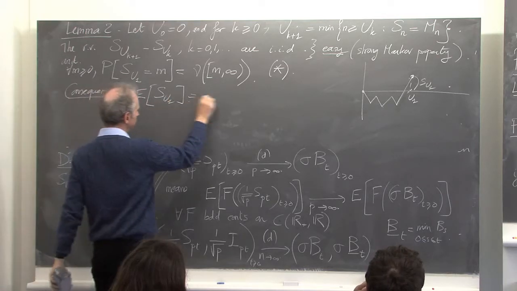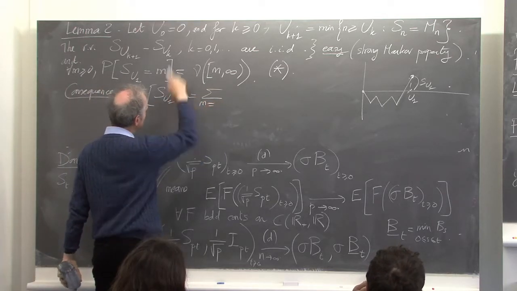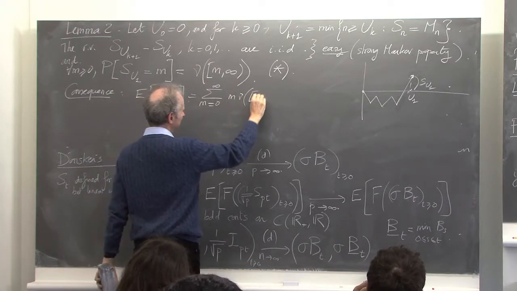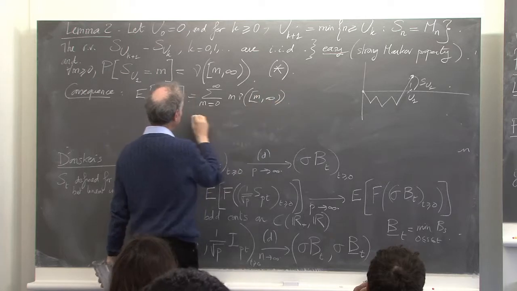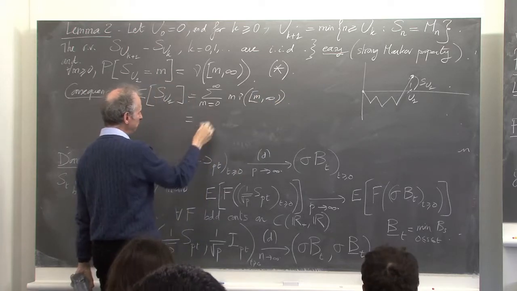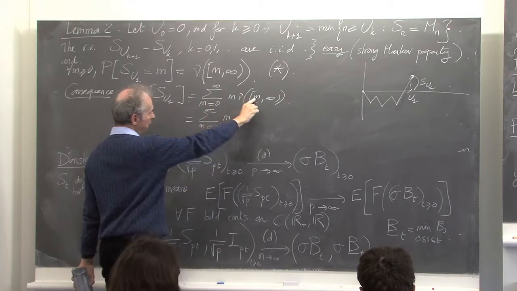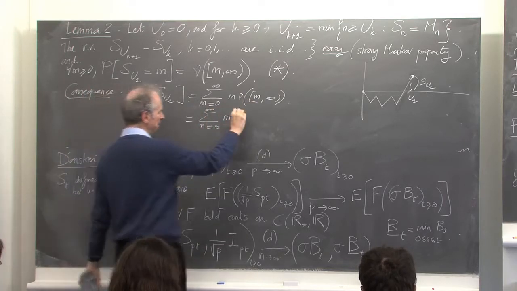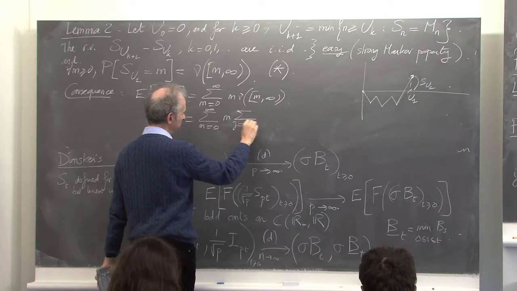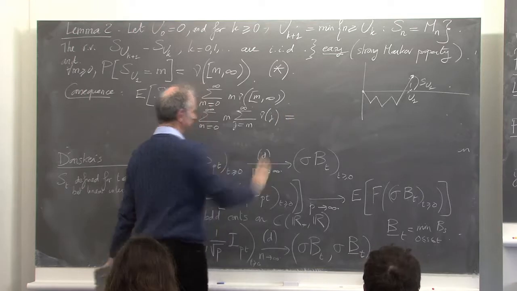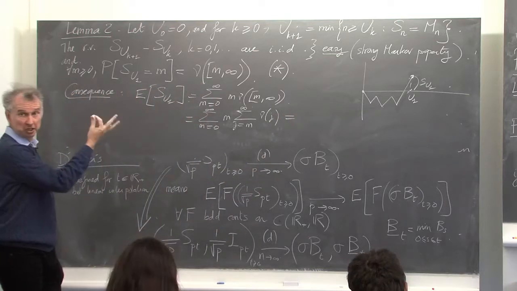So what do you do? Well, since you know the distribution, you compute it. Maybe I will do the calculation. So nu of the interval m infinity is the sum from j equals m to infinity of nu of j. And then you interchange the two sums.